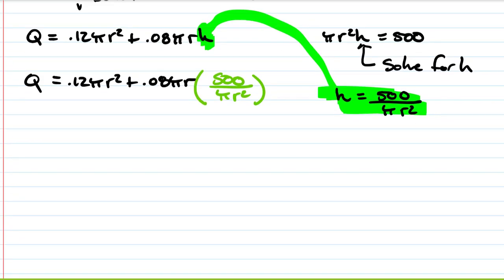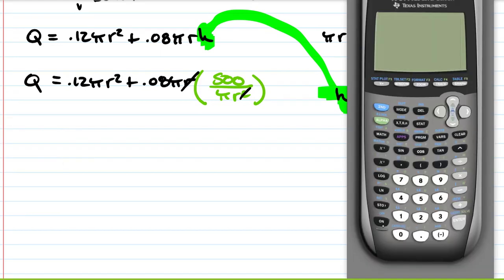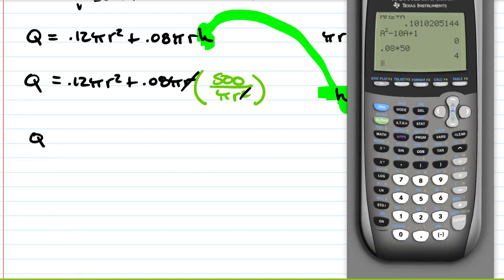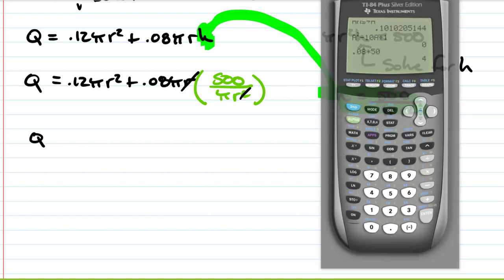So we get some things that reduce out. That r and one of our r's reduce out. And 0.08 times 500 gives us 4. I think you only multiplied by 50. You're correct. So 40.